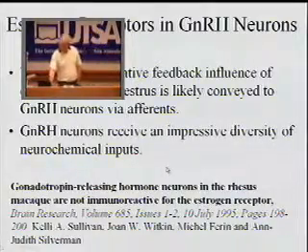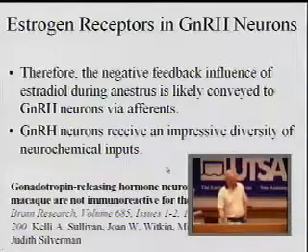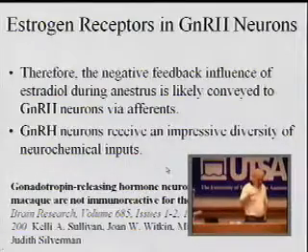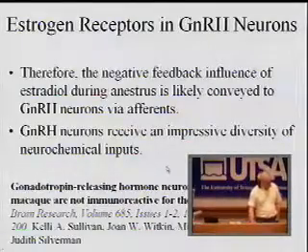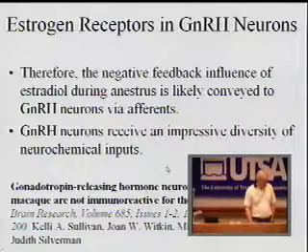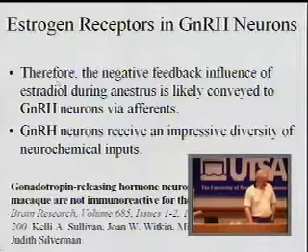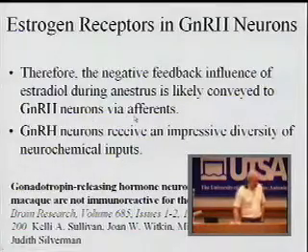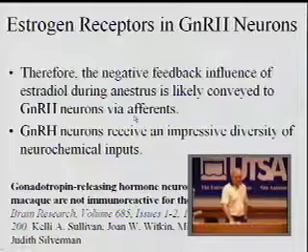They're also using immunocytochemical approaches, staining for GnRH and for the estrogen receptor, could not find them co-localized. So, therefore, the negative feedback influence of estradiol during anestrus is likely conveyed to GnRH neurons by afferents.